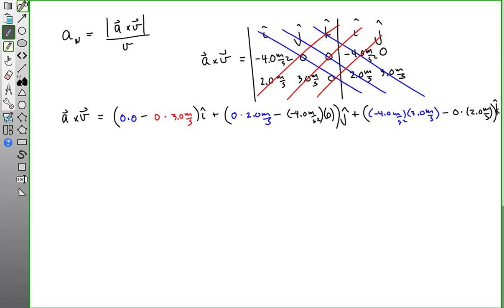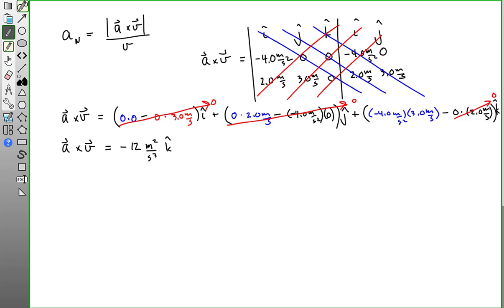Well, when we look at this, we have a 0 for the x component, a 0 for the y component, and one term in the z component is 0. We get the cross product between acceleration and velocity to be equal to minus 12 meters squared per second cubed, and this is in the z direction.